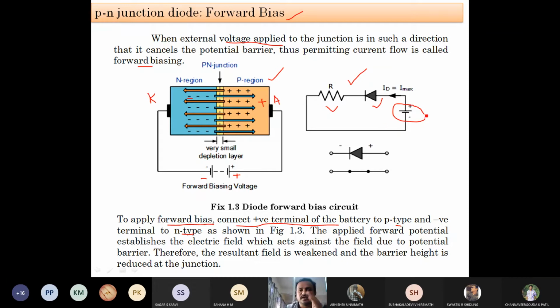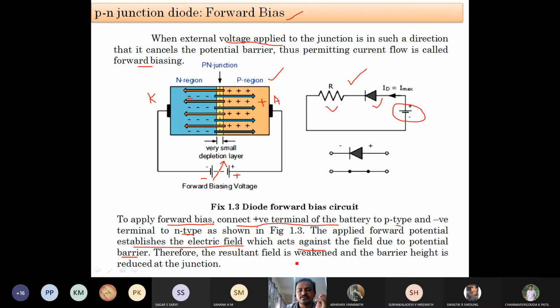So if I connect it this way and slowly increase the applied external biasing voltage, what is going to happen to the component? The applied forward potential establishes an electric field which acts against the field due to the potential barrier.